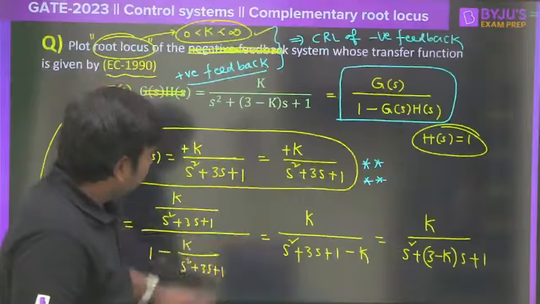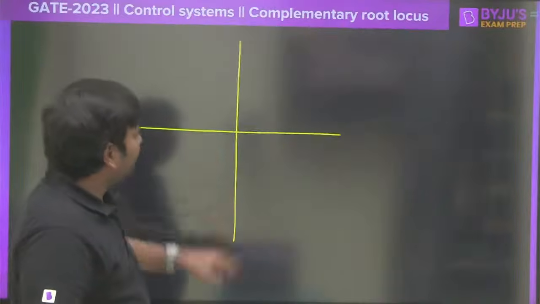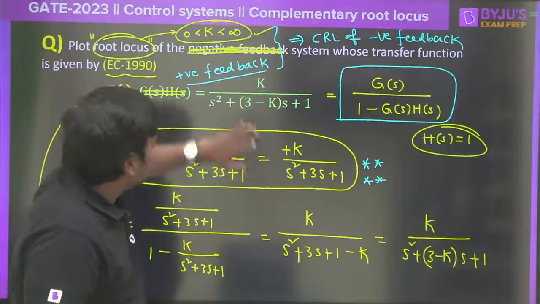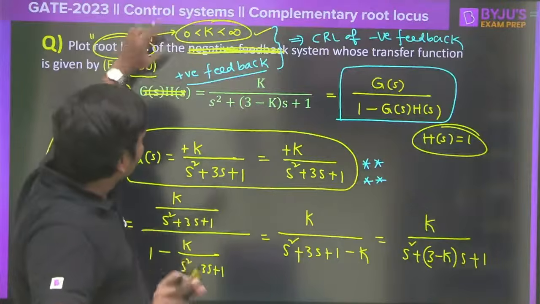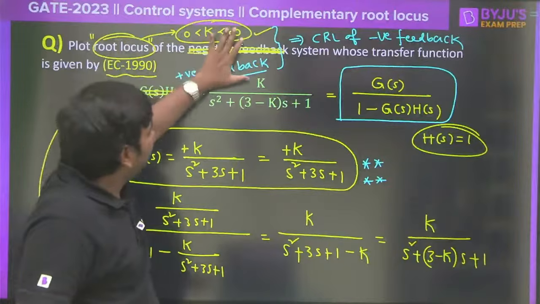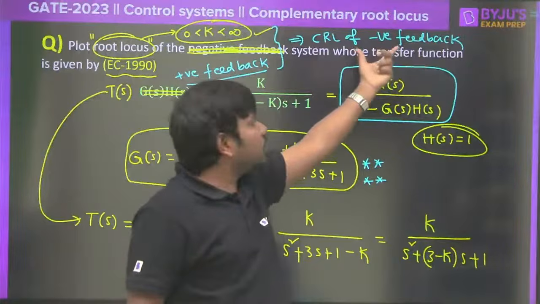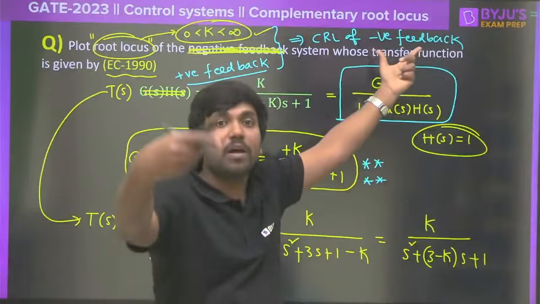First of all, split poles and zeros separately and then keep them here. Clear? So for this transfer function, technically it was mentioned as a root locus plot, direct root locus plot, but that is for positive feedback. Therefore, convert that into complementary root locus of negative feedback. So we must use the complementary root locus steps to develop the root locus plot.